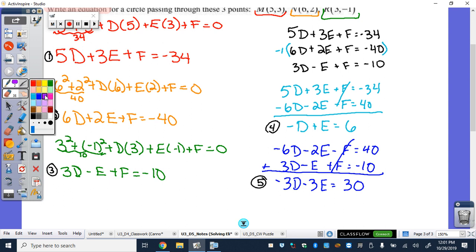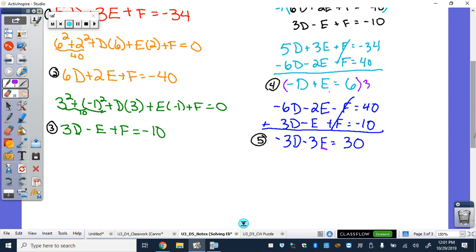So looking at our new ones, equations 4 and 5, probably going to be e's because I have a positive e there, and then I have that negative 3e there. So what would I have to multiply this one up here by? 3. That makes it negative 3d plus 3e, not e, equals 18.